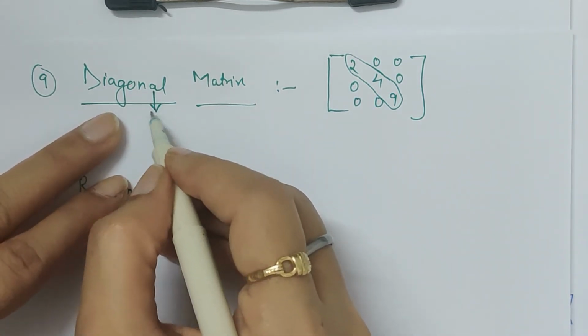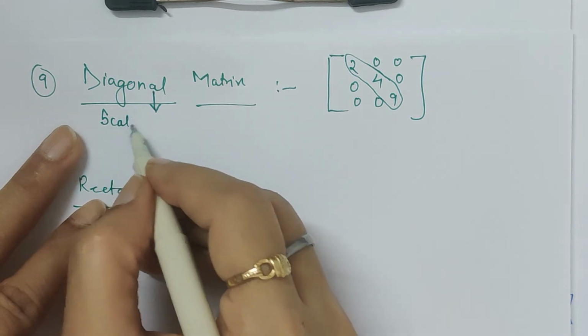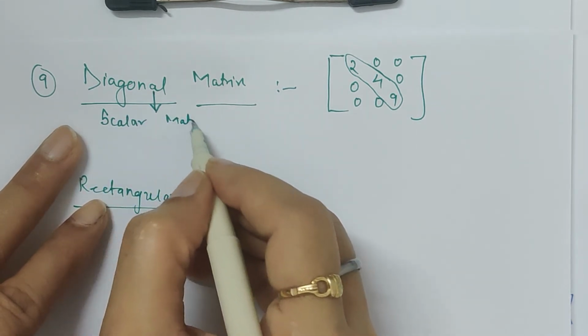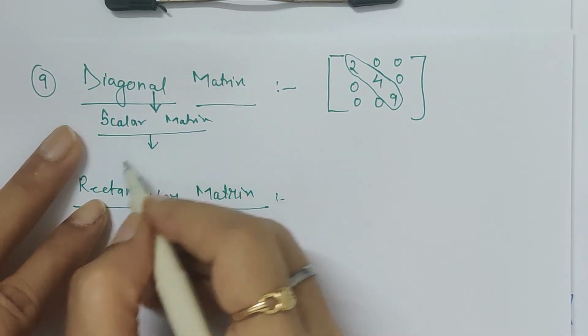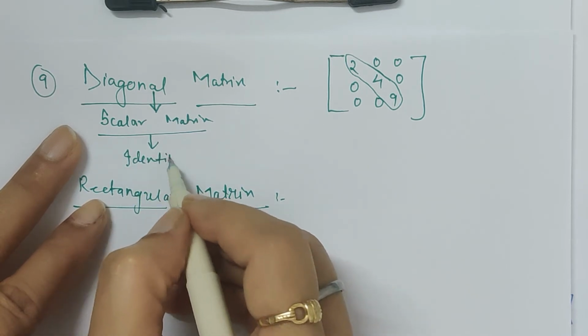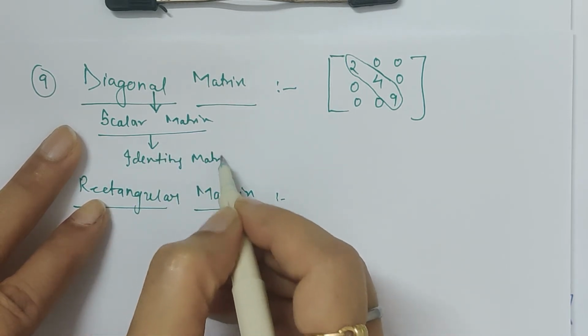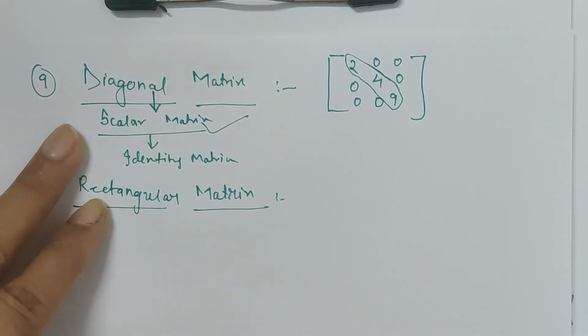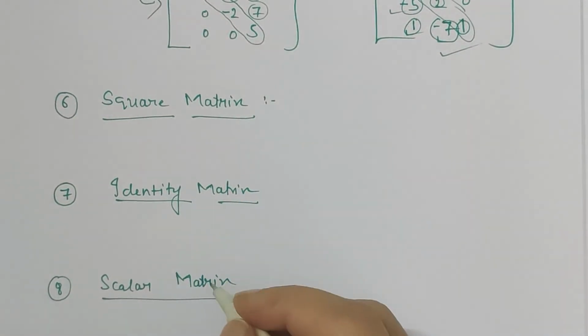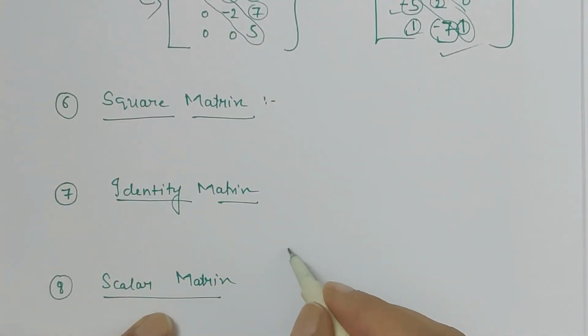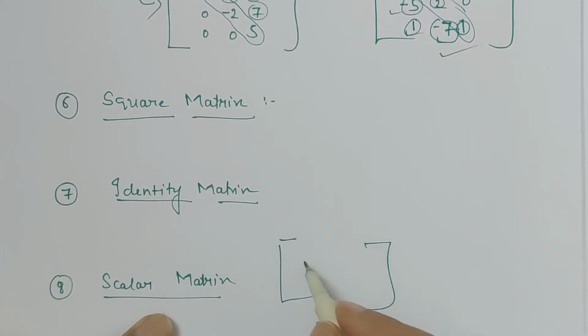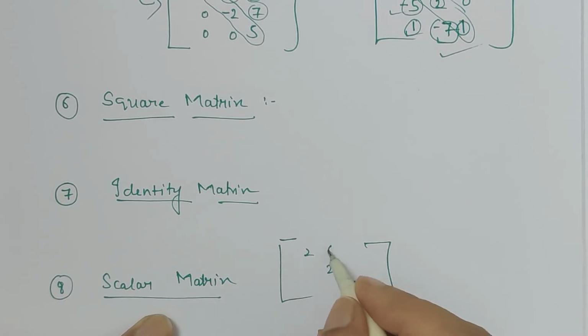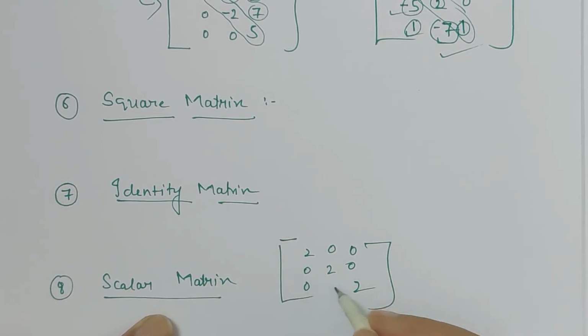Now next to diagonal, I will tell what is scalar matrix, and after scalar matrix I will be explaining what is identity matrix. So let's see what is a scalar matrix. Scalar matrix is a matrix that has a constant number in its principal diagonal, like 2, 2, 2, and here we have 0.